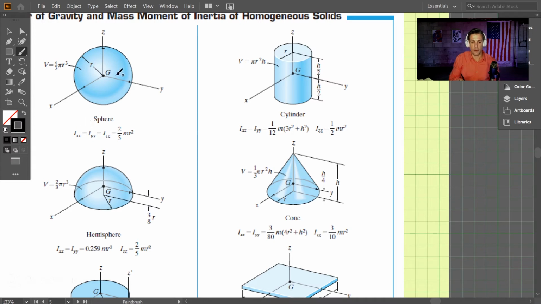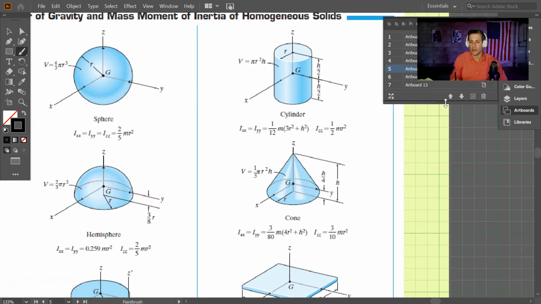On a sphere, no matter if you rotate about the x, y, or z axis, it is 2/5 mr squared. For a cylinder, if you're commonly rotating it about the z axis, that is 1/2 mr squared. So that would be the mass moment of inertia rotating about the z-axis. It would be different for the x and y-axis.